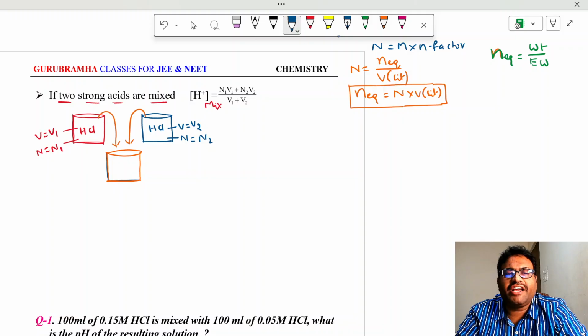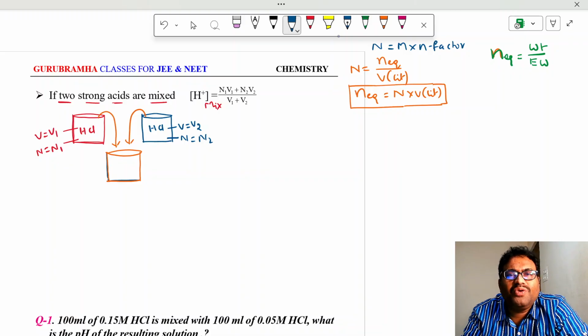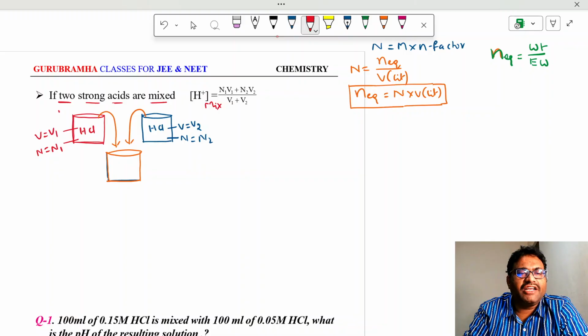Here, when you are mixing two solutions, there is no reaction happening between them. When there is no reaction happening, the number of equivalents just get added. So let us take this solution as 1 and this solution as 2.